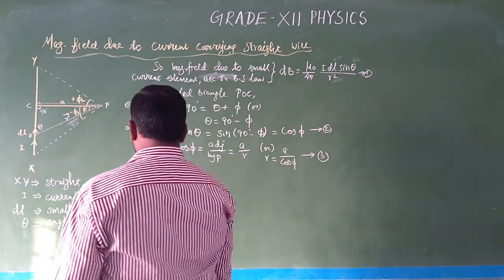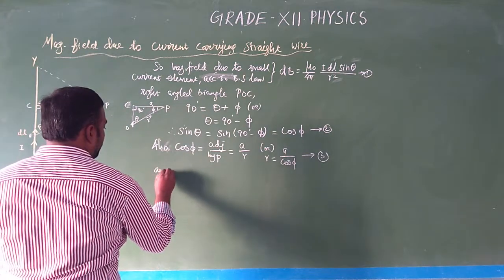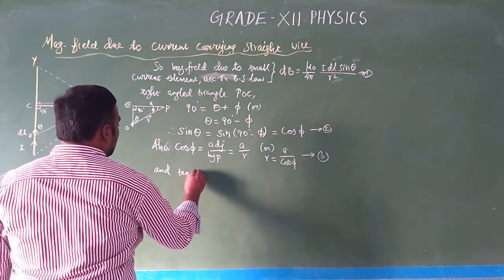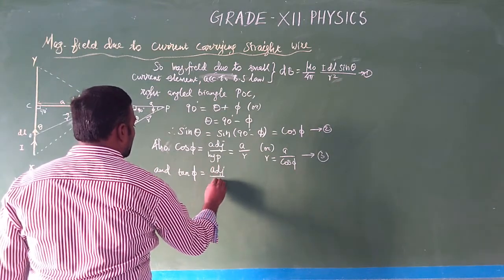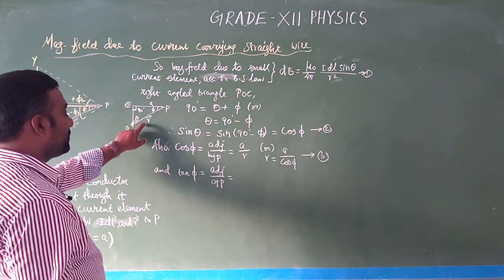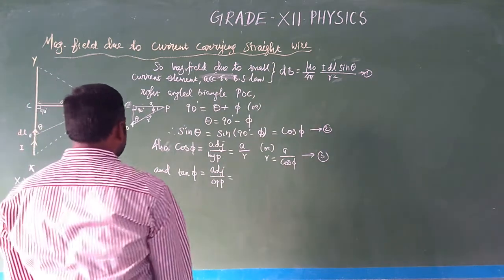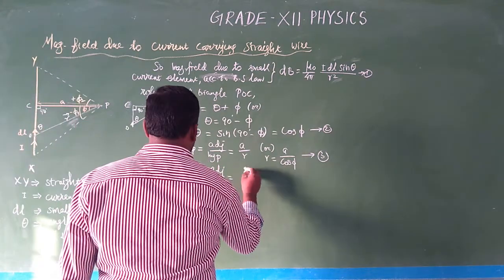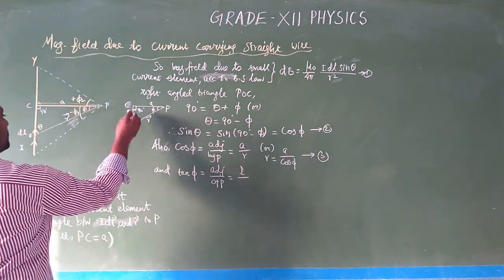Okay. The next one is tan value. So tan phi is equal to adjacent by opposite... What is adjacent? Adjacent is A. ஏன்னா இது dl னா இது total என்னவா இருக்கும்?